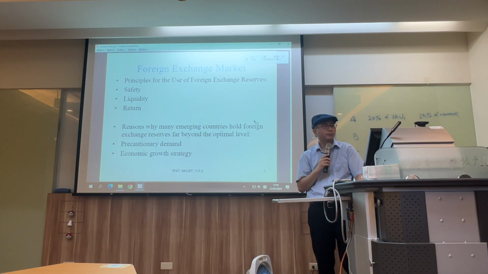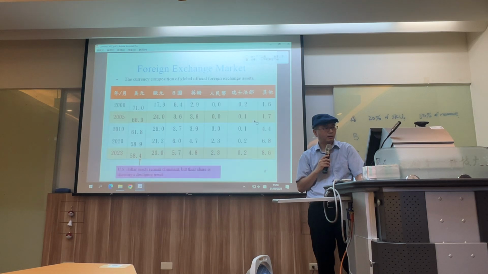And then we talked about the principles for the use of foreign exchange reserves. And then we talked about the different currencies that are predominantly used in today's world. And then we showed that the US dollar is still number one, despite its influence having diminished a little bit over time, from 2000 to 2023.